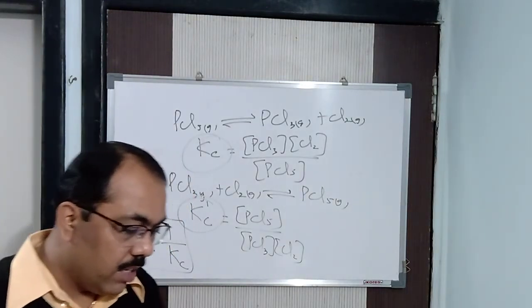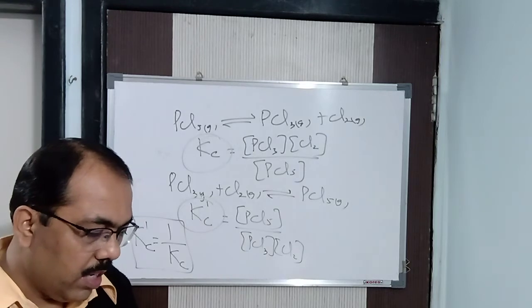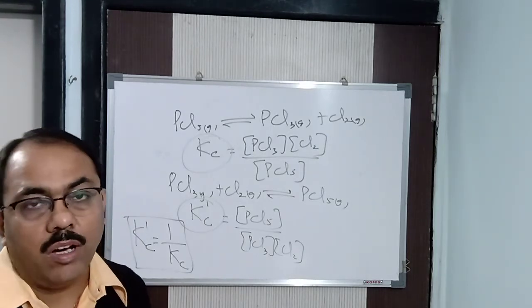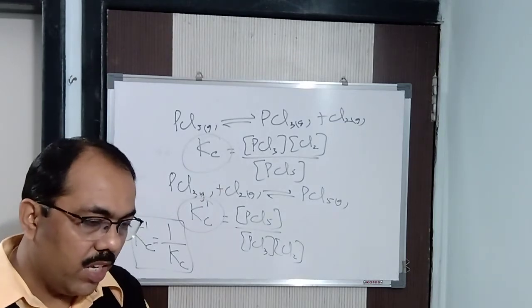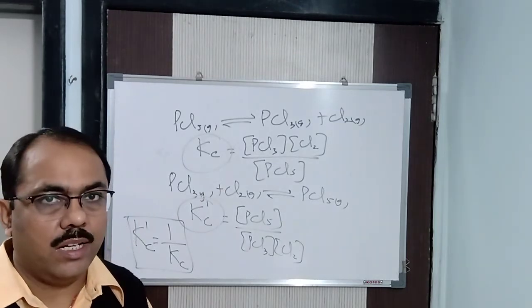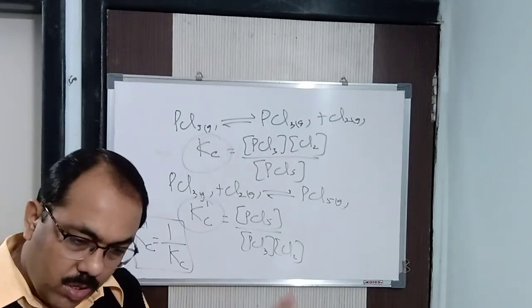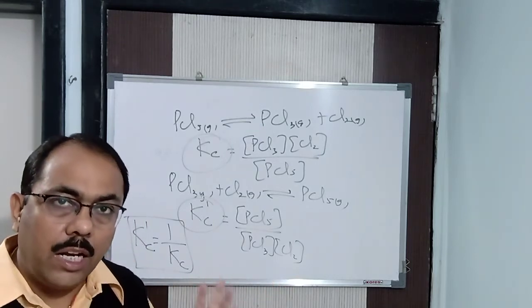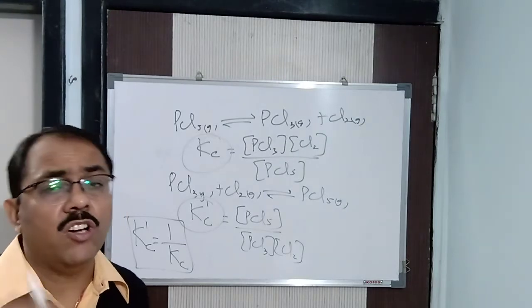Now if an equation having an equilibrium constant is divided by 2, the equilibrium constant for the new equilibrium will be the square root of the original one. Let us say the equilibrium constant is K. If the reaction is divided by 2 throughout, then the new equilibrium constant which will be formed is the square root of the original one.